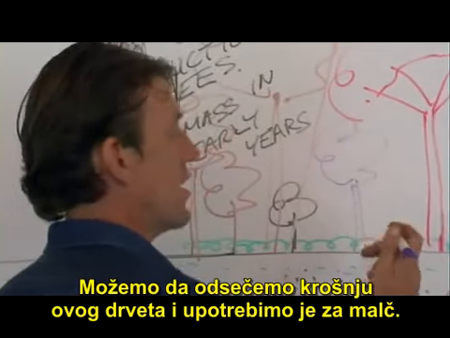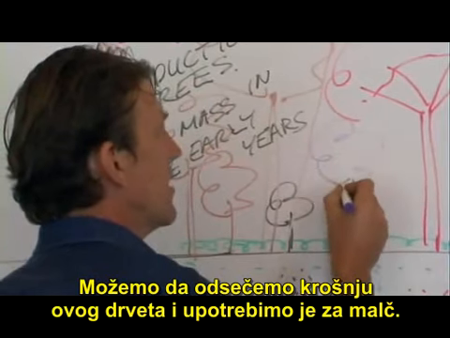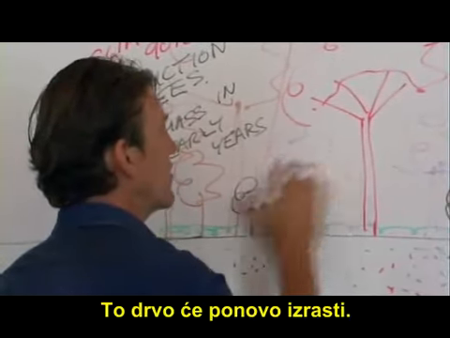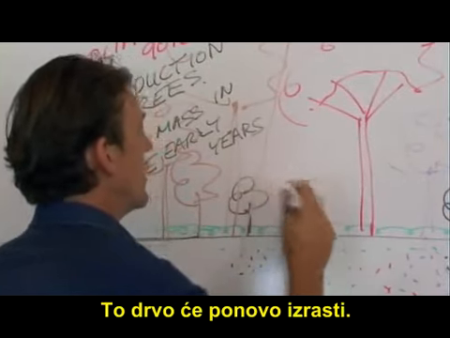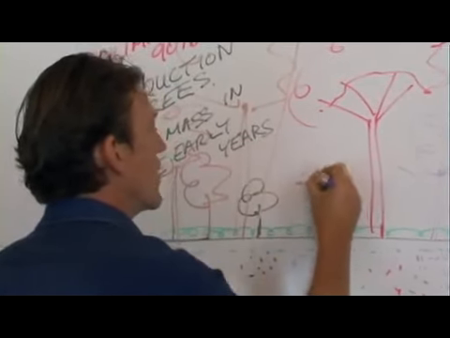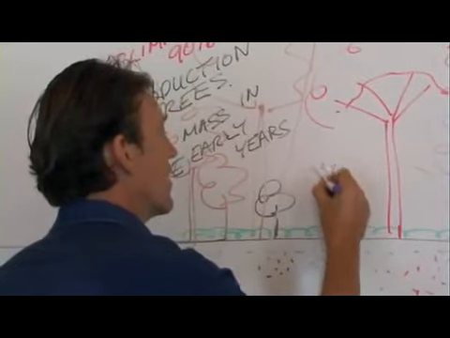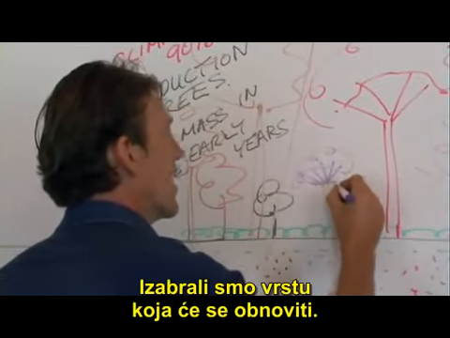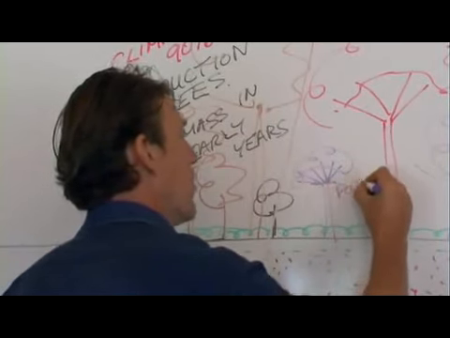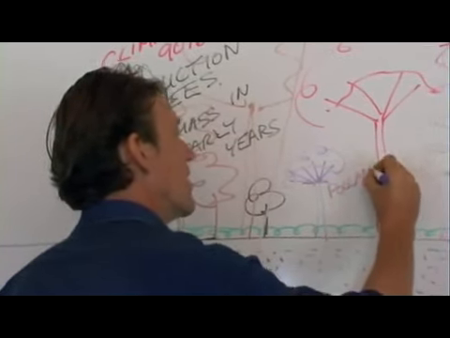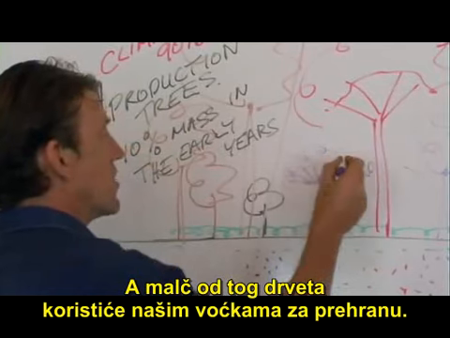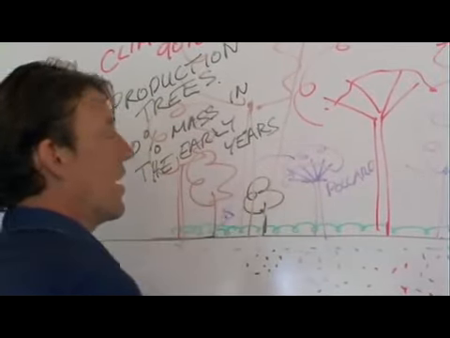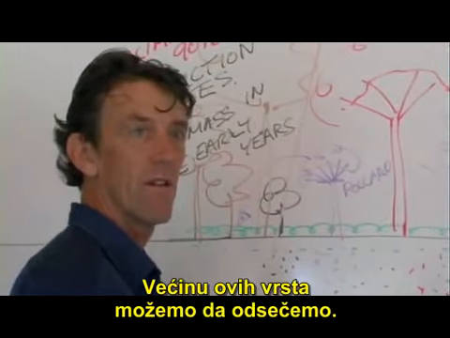So we can come in and we say this tree can be cut for mulch, and we've chosen species where that tree will regrow again. So there are selected species that will pollard, they will regrow. Now the mulch that came off there goes to a fruit tree.